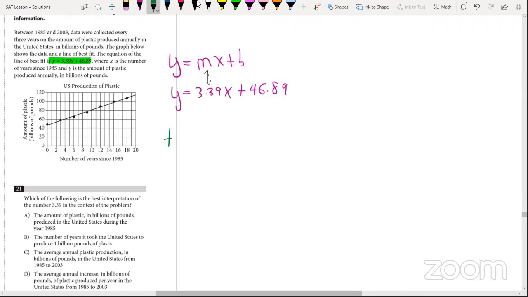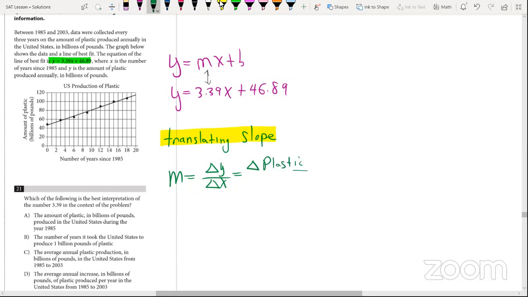So this question is a question on translating slope. And what do we mean by translating slope? It's going through the process of saying that slope is your change in y over your change in x, and then converting that to the units of the question. So the y value is the plastic. So the triangle means change in the amount of plastic over the change in years.